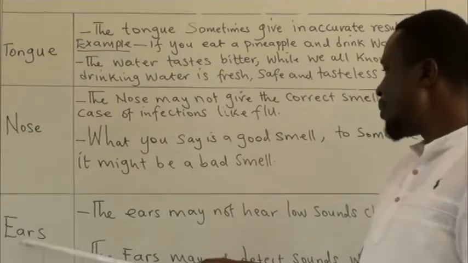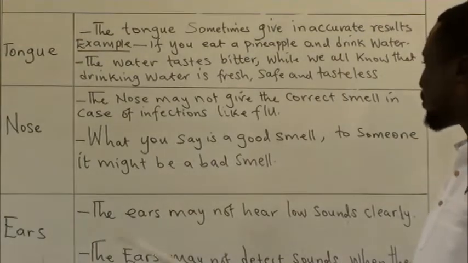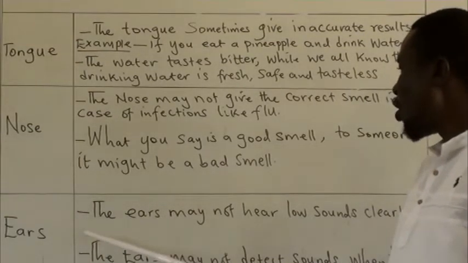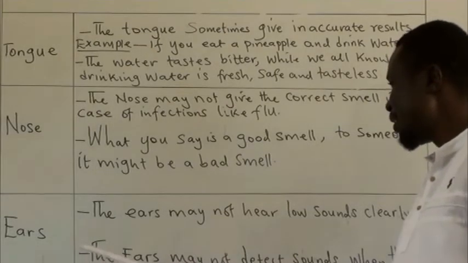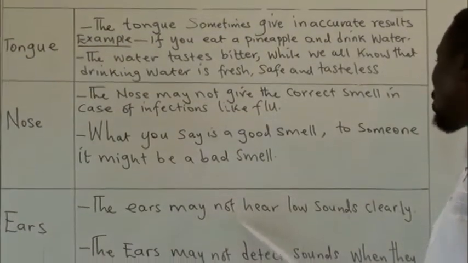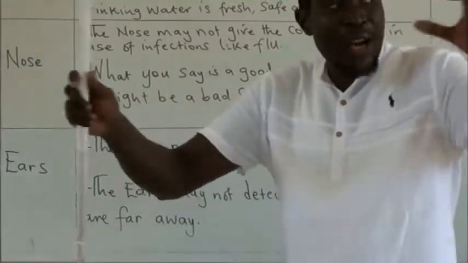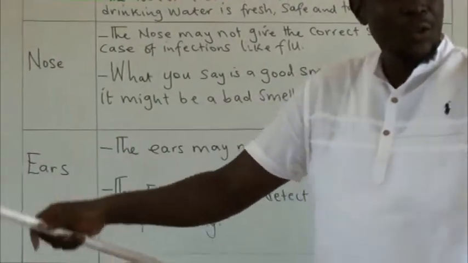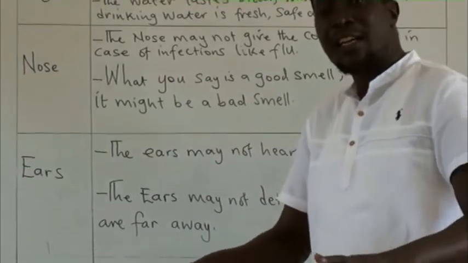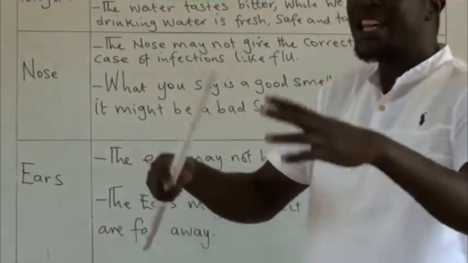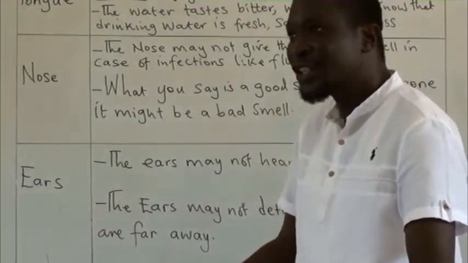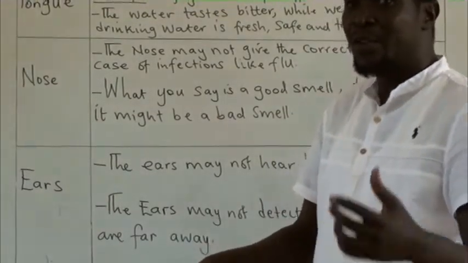Now, limitation of the ears. The ears may not hear low sounds. If there is a loud sound in the environment, you will hear it, whether it's a loud sound, a sweet sound, or a smooth sound.